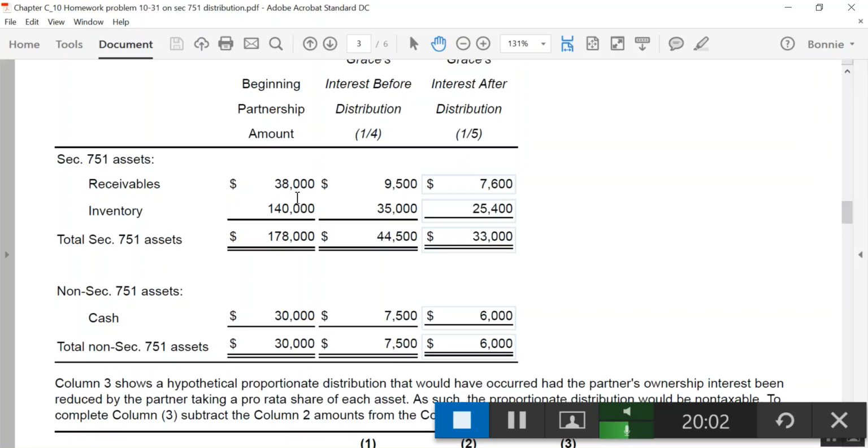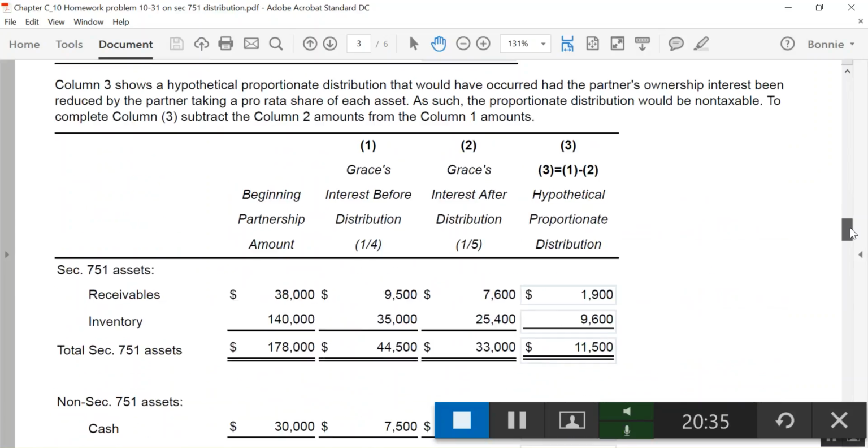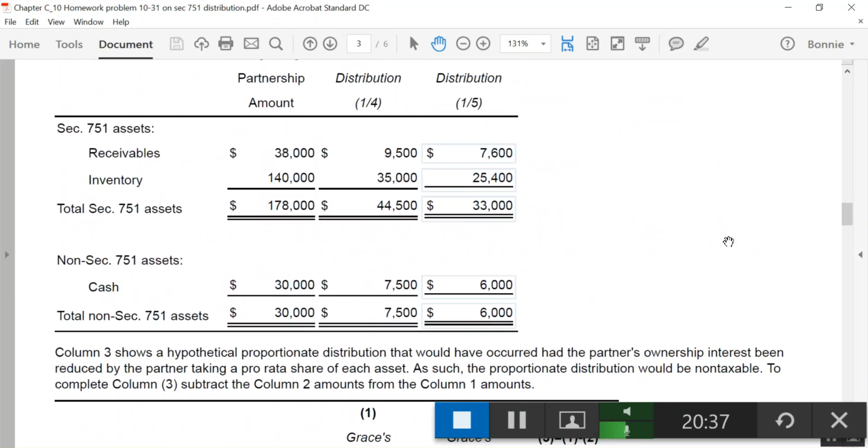I multiplied 20% times 38,000 and got 7,600. With regard to the inventory, I took the 140, subtracted her $13,000 distribution, which left me with 127, and 20% of that is 25,400. So after distribution, she has a total interest in the 751 assets of 33,000 and a total interest in the cash of 6,000.